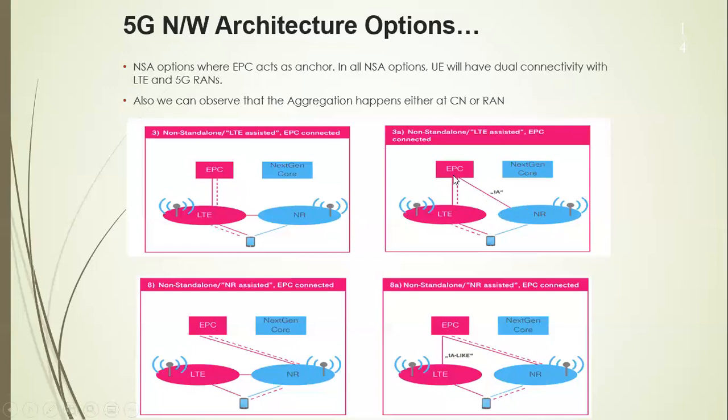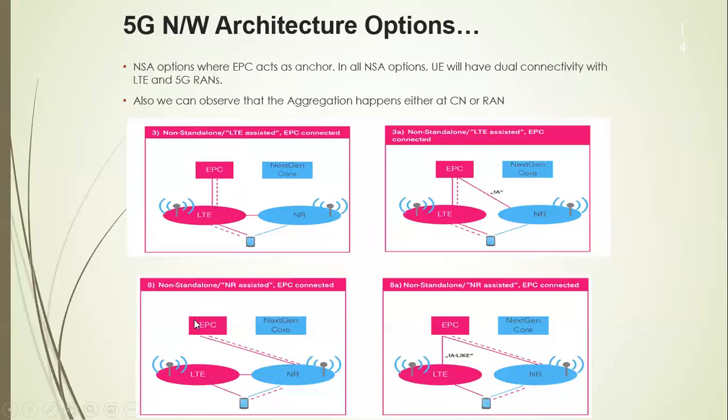That means here the separation of data happens at the EPC itself. That's why we need an upgraded EPC which supports 5G protocols. It has to allocate the EPS bearers for the G node B also, and then route the 5G packets over the G node B. So here in the first case, the aggregation is happening at the RAN level. And here the aggregation and separation is happening at the EPC level.